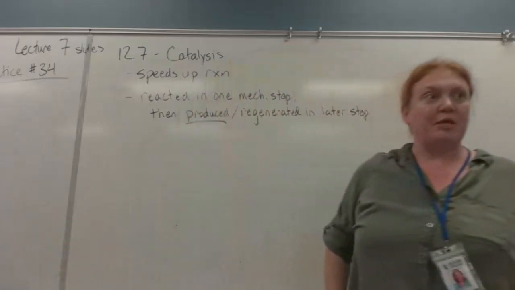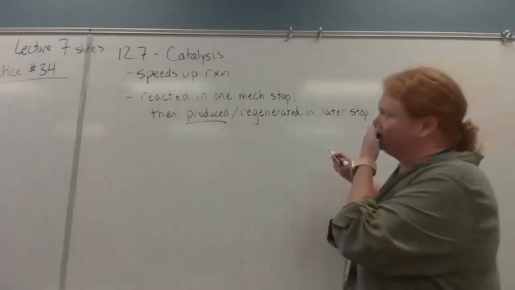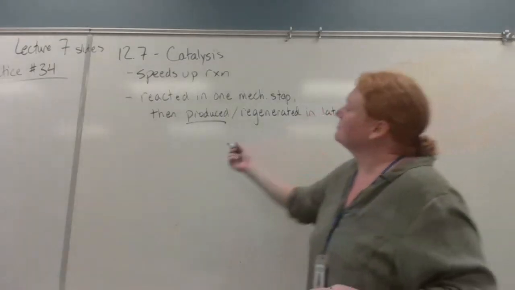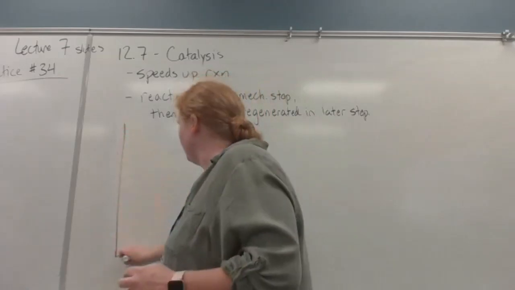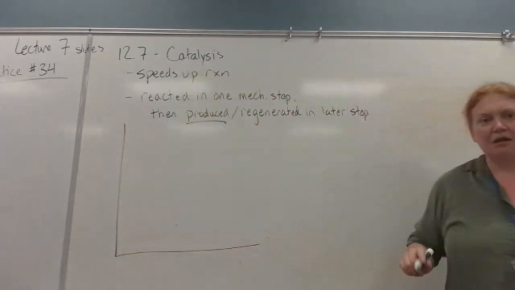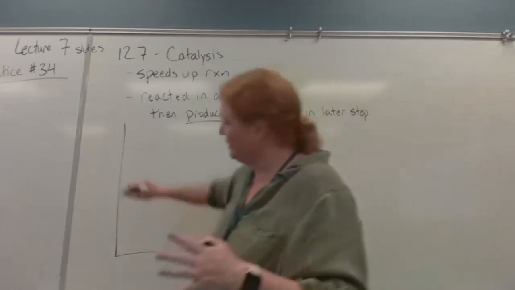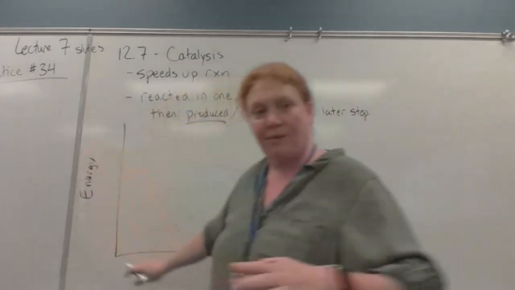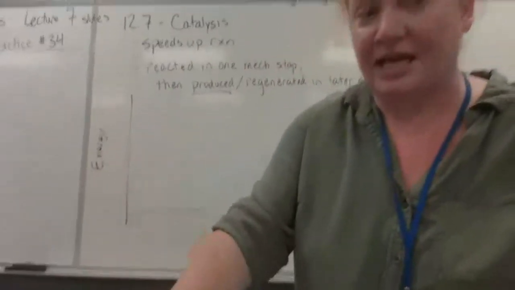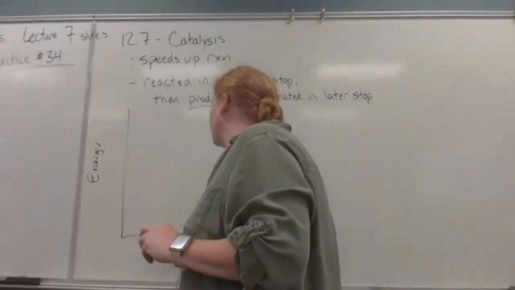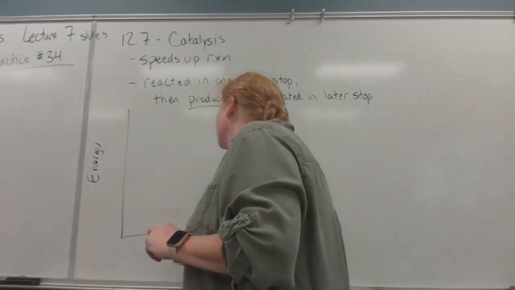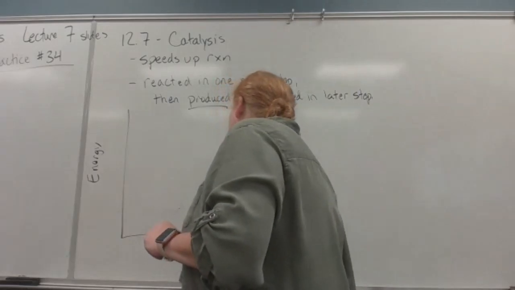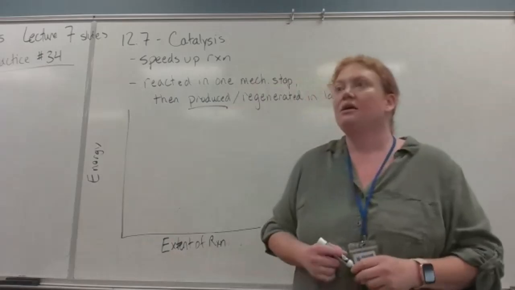How does a catalyst speed up a reaction? What is it called when I draw this kind of diagram? Here's an XY graph, but I'm going to put energy here, and on my x-axis, I'm going to just plot the extent of the reaction. This is what we talked about yesterday.